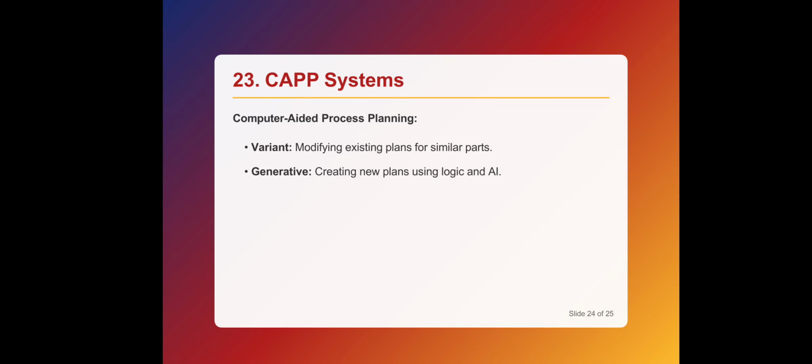So the two CAPP systems included in process planning are, first, variant, and second, generative.